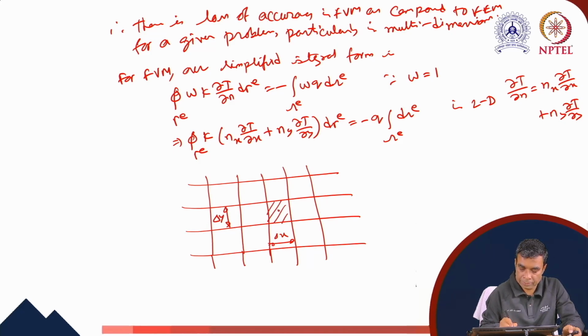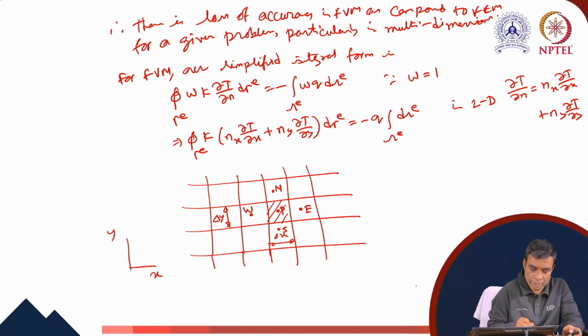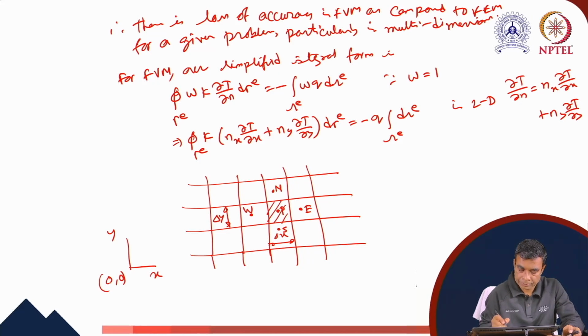We consider a central point P. This is the east neighbor, this is the west neighbor, this is the north neighbor, and this is the south neighbor. This is the global coordinate system, and this is its origin. Then we have the east face, the west face, the north face, and the south face.